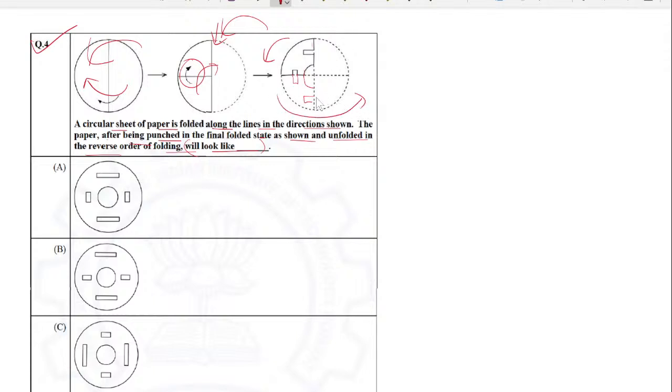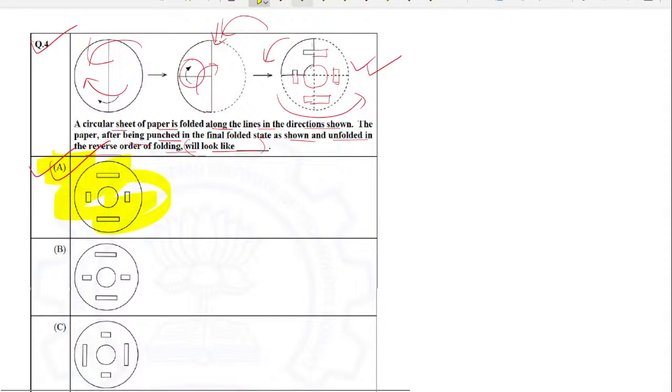If we unfold this way, then this will be double here, this will be a circle here, and this is also double here, and the cutting is complete. So this is the final picture. Now if we see the options, the first option is clearly the correct one. Option A is clearly correct.